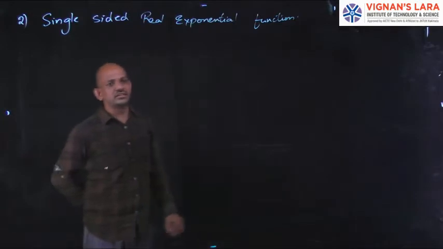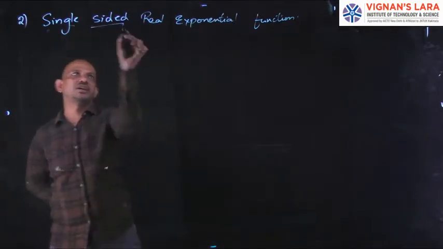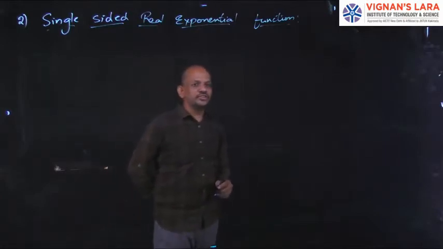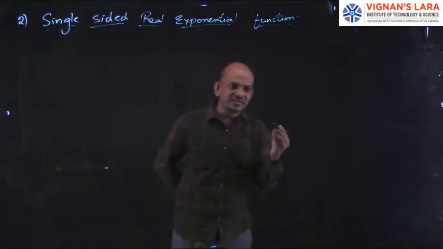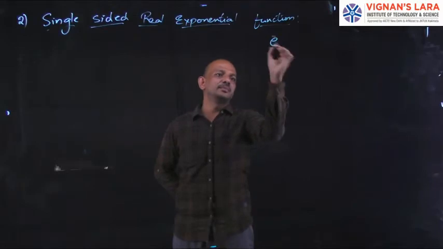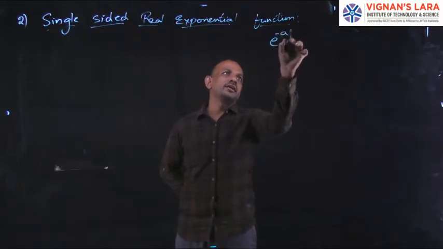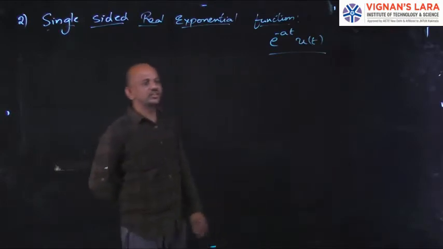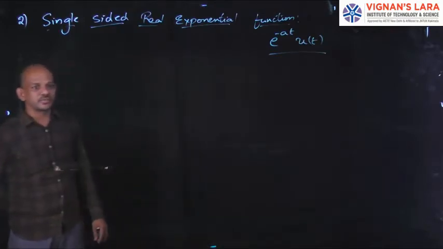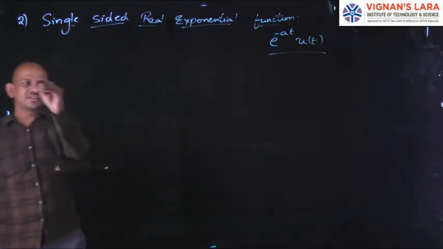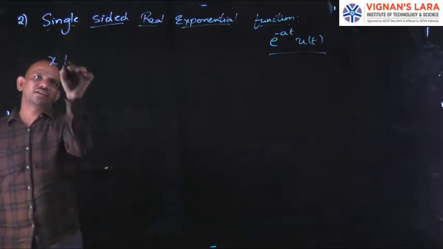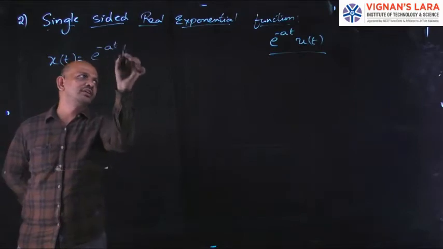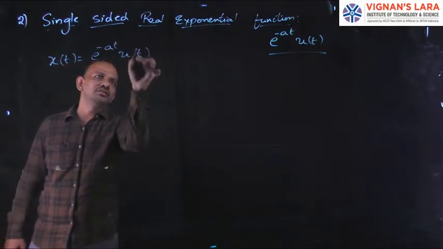The single sided real exponential function is represented as e power minus at into u of t. Simply, they are given x of t as e power minus at u of t.